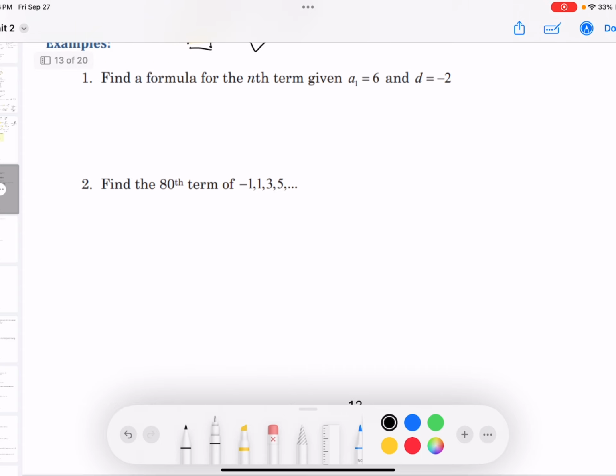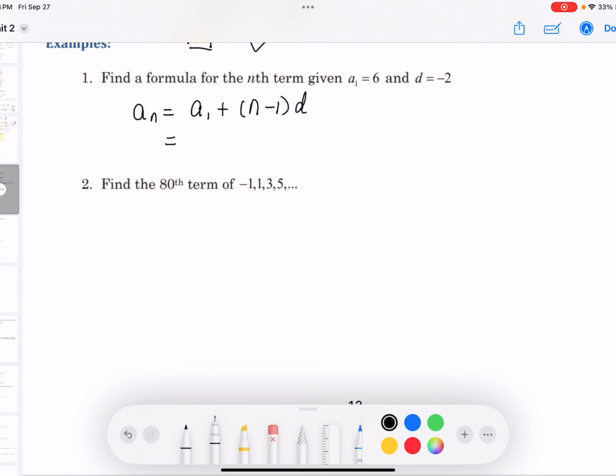Find the formula for the nth term given a sub 1 is equal to 6 and d is equal to negative 2. We have the formula for finding the nth term: a sub n is equal to a sub 1 plus n minus 1 times d, which is negative 2. We just list the formula first.